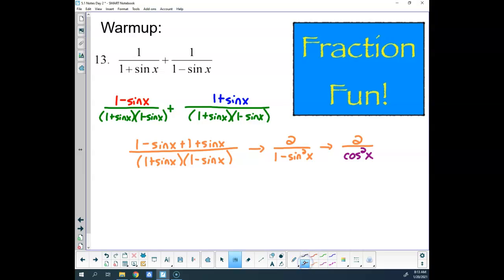I would say we could go even further to just 2 secant squared. Would be my guess, or my preference. Okay.